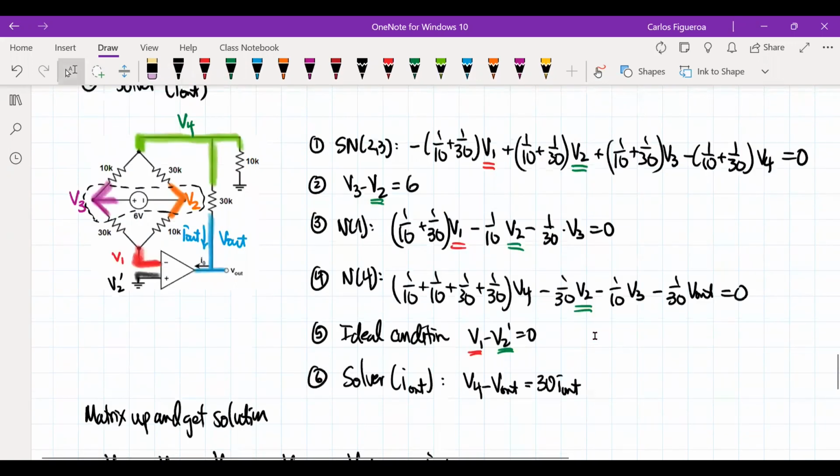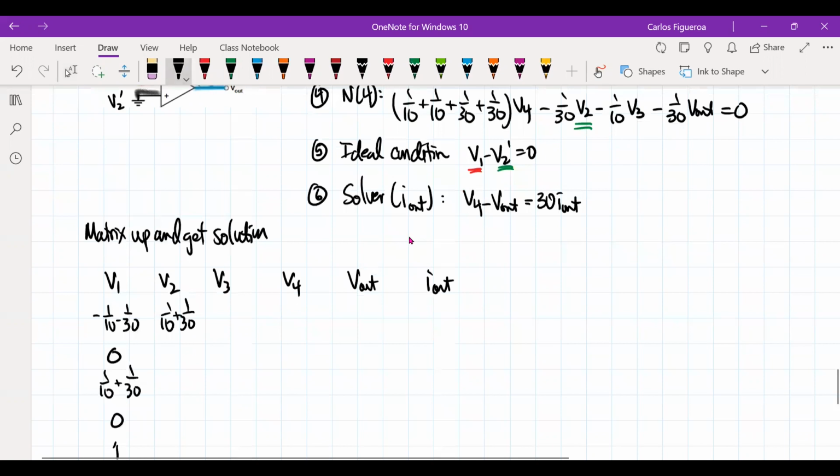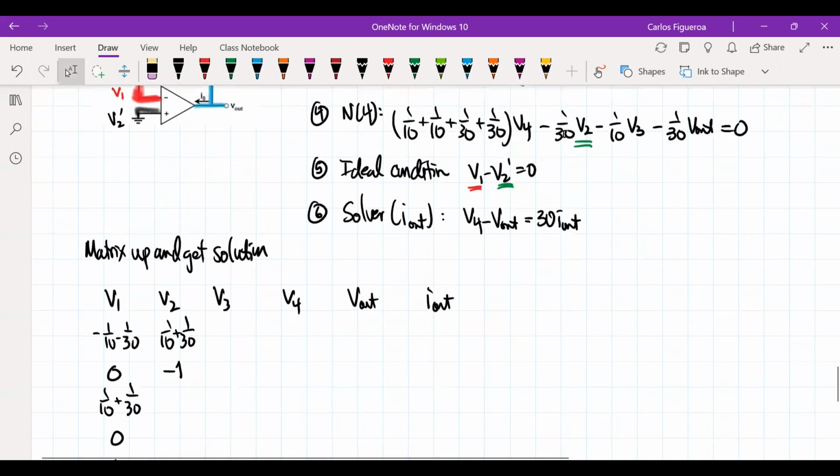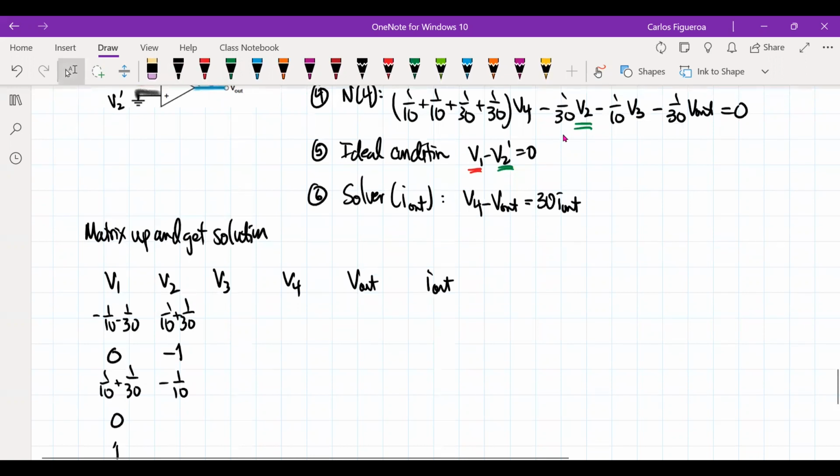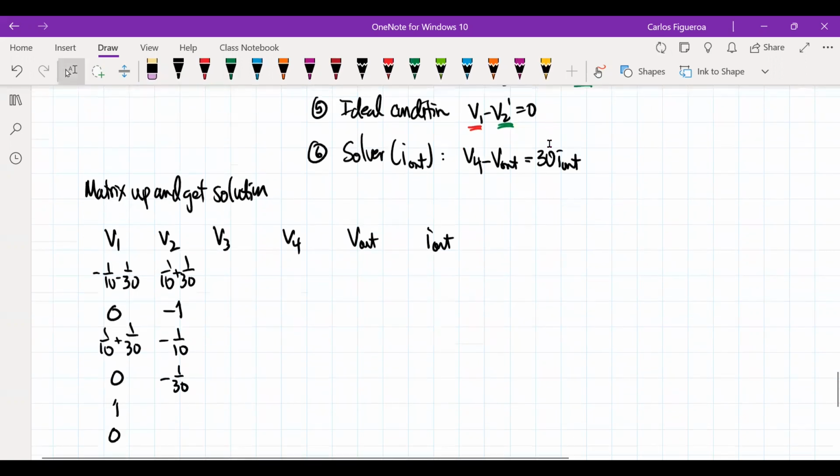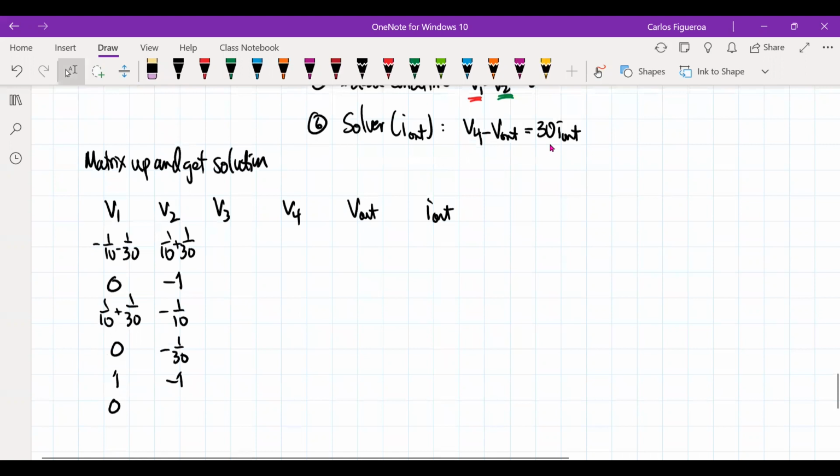The next one is minus 1. So if I look at the 3 now, I get minus 10. The 4 is going to give me minus 30. The 5 is going to give me minus 1. And then the last one is 0. Okay, so you can see the start of my matrix.